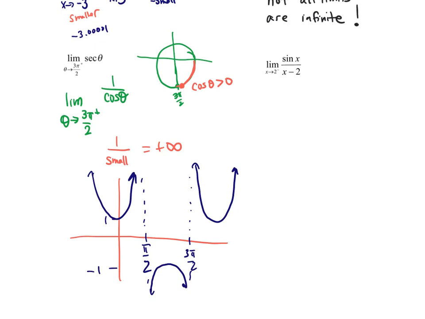As I approach 3 pi over 2 from the right, this part of the graph is going to positive infinity. So indeed, this graph does go to positive infinity.